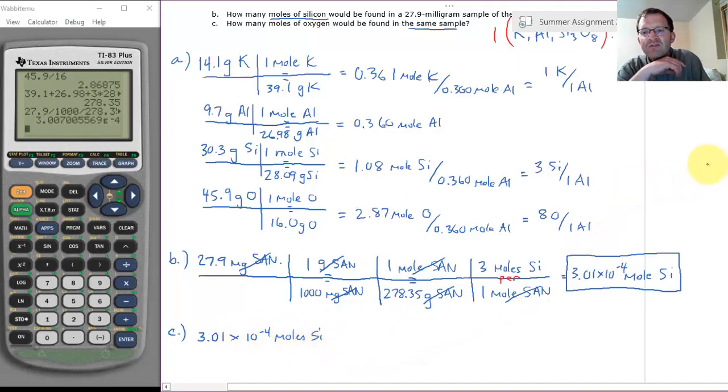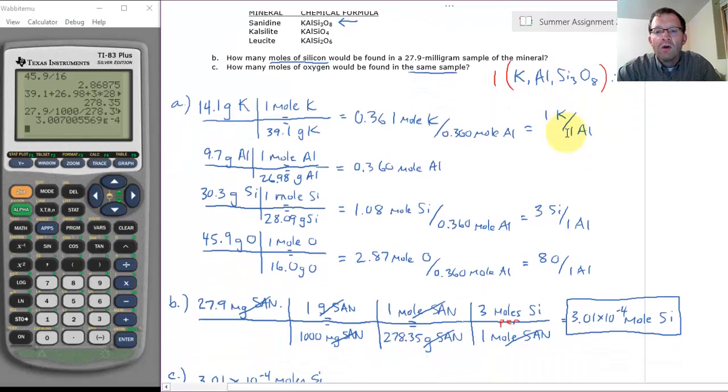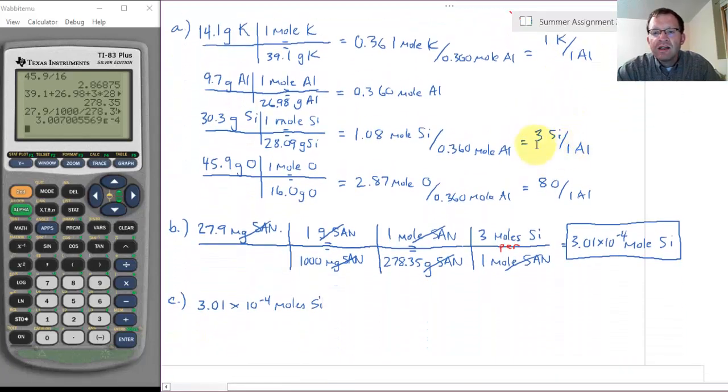I can go back to my formula here, and I can say that in my formula, there are 3 silicons for every 8 oxygens. Or another way of saying that, there are 8 oxygens for every 3 silicons. It's a 3 to 8 ratio. 3 moles for every 8. Remember when we did our empirical formula before, we found at the end that there were 3 moles of silicon for every 1 mole of aluminum, and there were 8 moles of oxygen for every 1 mole of aluminum.